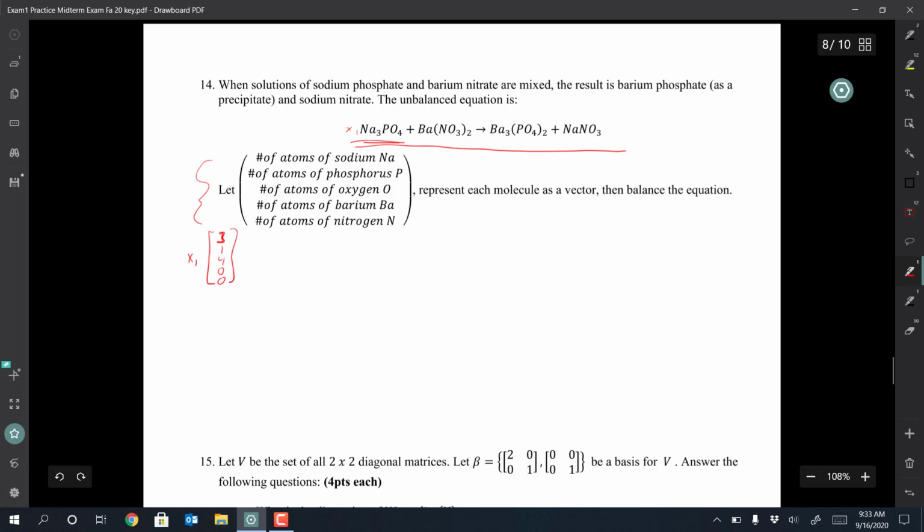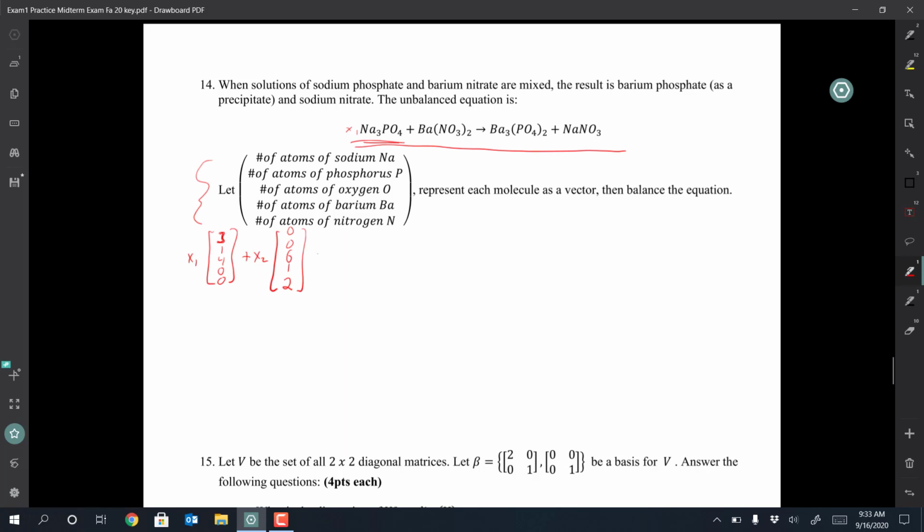So that represents that first molecule. Then we have some number of the second molecule, which is 1 here, 2 here, 6 oxygen, 0, and 0. So that is the vector that represents that second molecule.